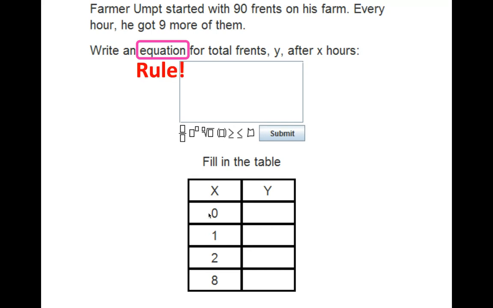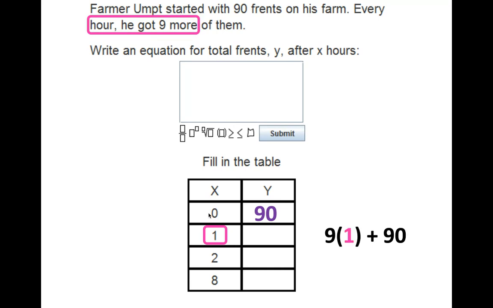Okay, so we have to write an equation. The equation is the rule. Okay, so the rule is that we have y equals, and we're going to start with the table. Okay, so when we have 0, we started with 90. So when we had 0 hours, we have 90 fronts. Okay, every hour he got 9 more. So we could plug this into the rule.